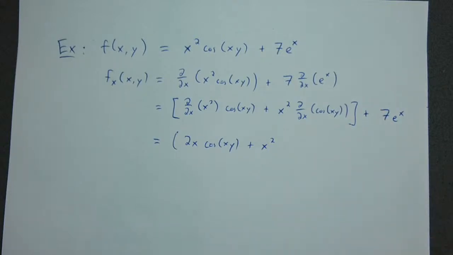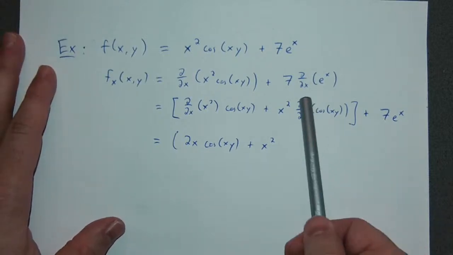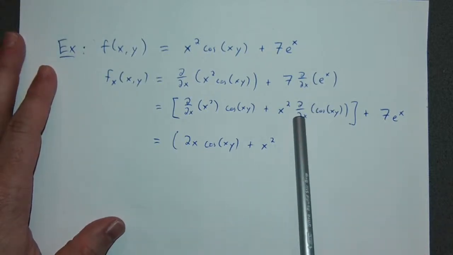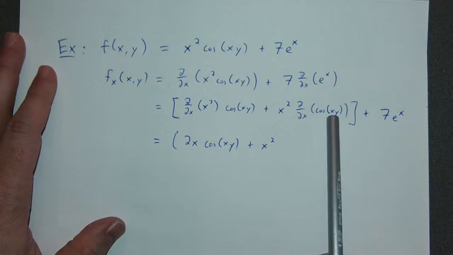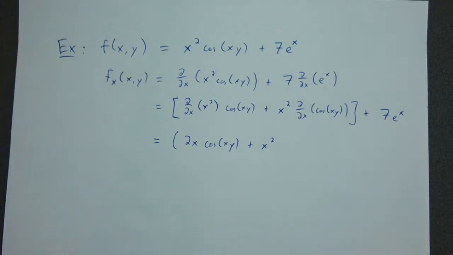For some of these early computations, when you're treating y as a constant, it might help your brain to actually replace y with a specific number. So replace y with like 5 here. Think about this as the x partial derivative of cosine of 5x. What would that be?